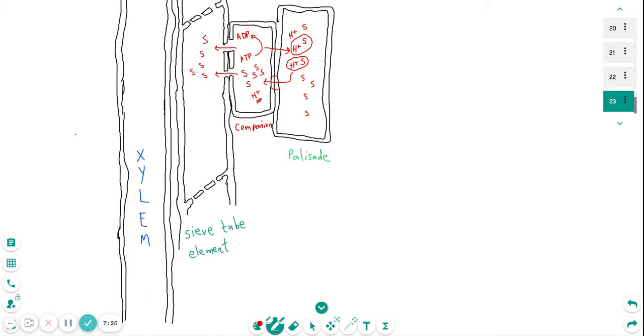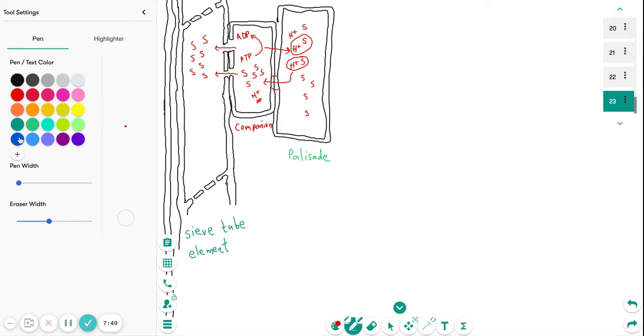Now this sieve tube element, or this phloem vessel, contains lots of water as well. And as more and more sucrose enters, well, sucrose is a solute, so it's going to lower the water potential inside this sieve tube element. And if it lowers it enough, we're going to get a water potential difference.